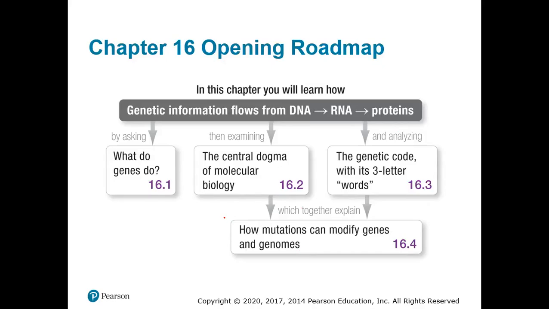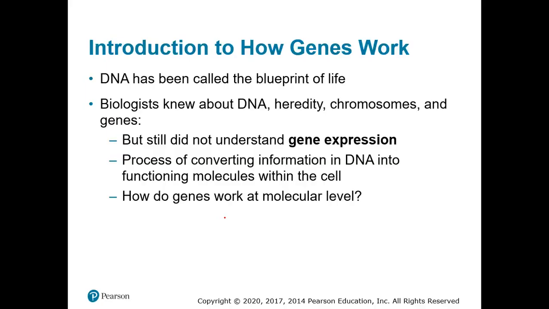of information. At this point, you are no stranger to DNA, the blueprint for life, right? Your instruction manual, your genes. And we now know more about DNA, about how that DNA is passed from generation to generation, how chromosomes work and all this stuff. But we still didn't really understand gene expression.